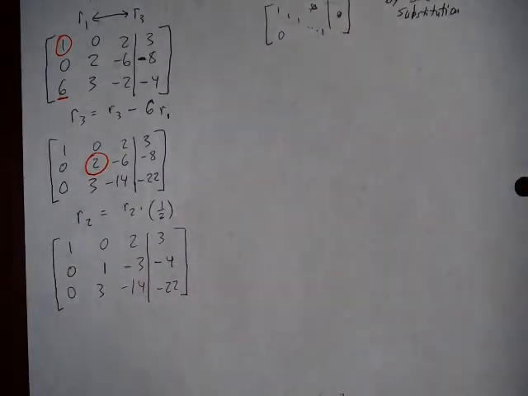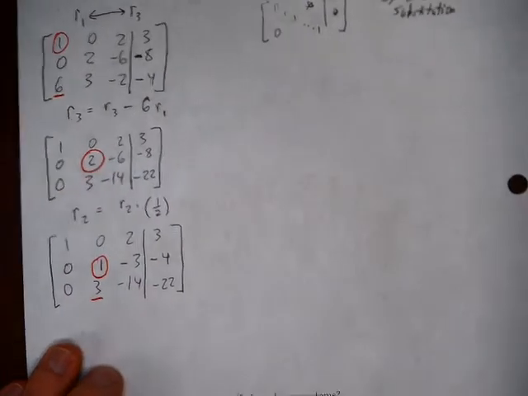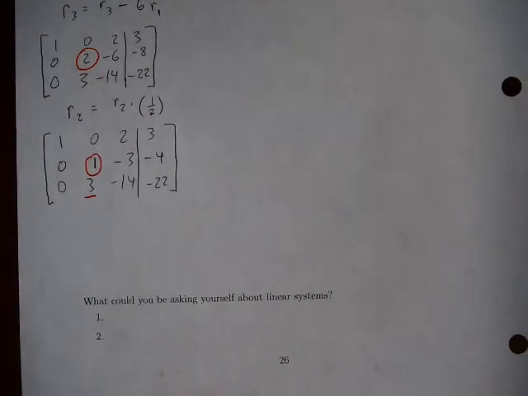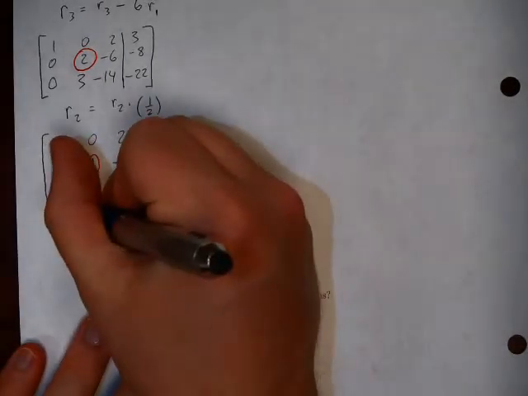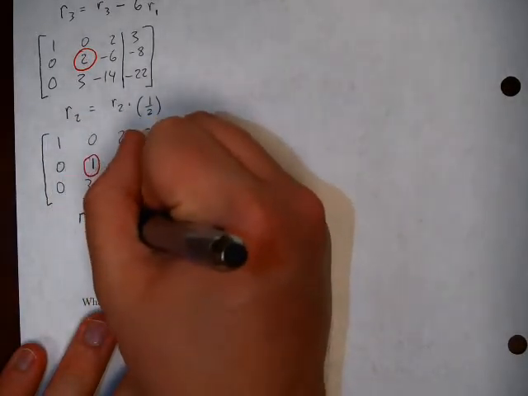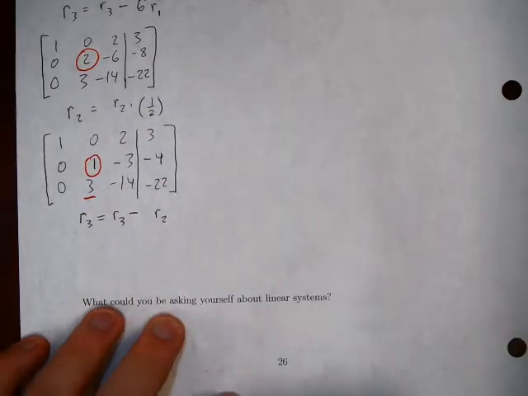Okay, so now we have our 1, and we'd like to make this entry into a 0. Since we want to get a 0, what we'll do is take row 3, where this 3 is what we want to make a 0, and set it equal to row 3 minus some multiple of row 2.